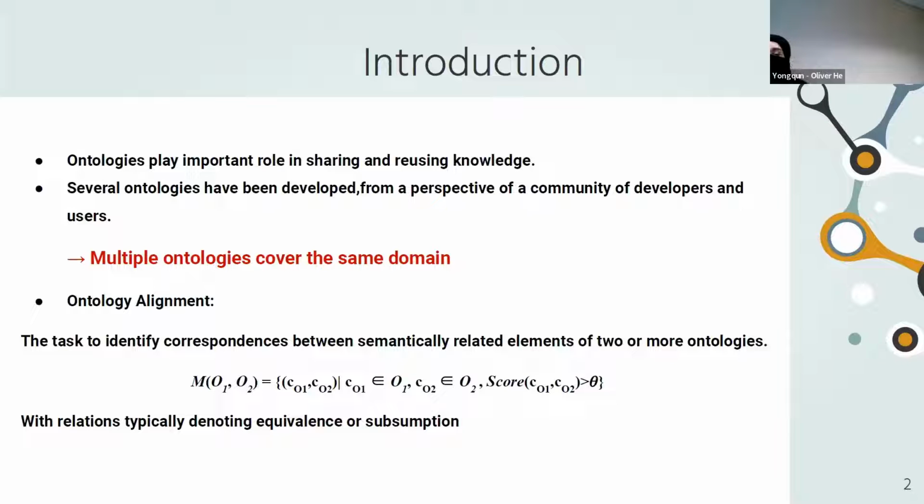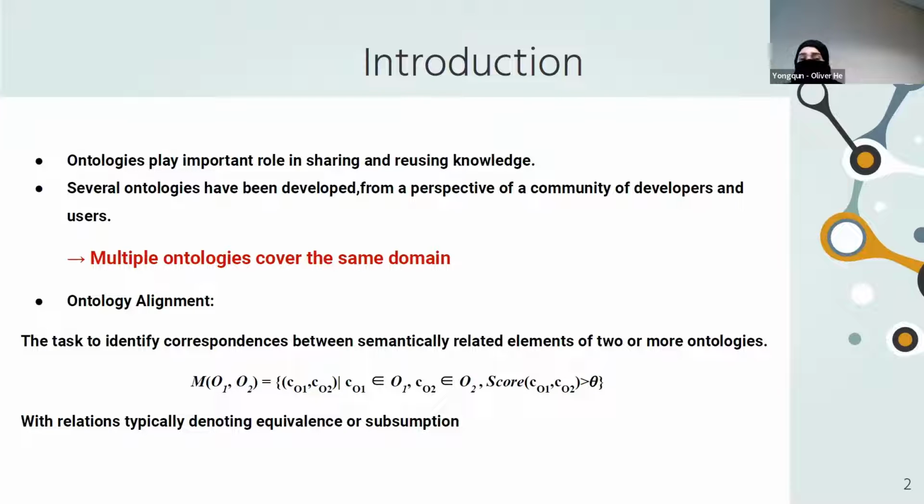As you all know, ontology plays an important role in sharing and reusing knowledge. Several ontologies have been developed from the perspective of a community of developers and users. But unfortunately, some of those communities are isolated.